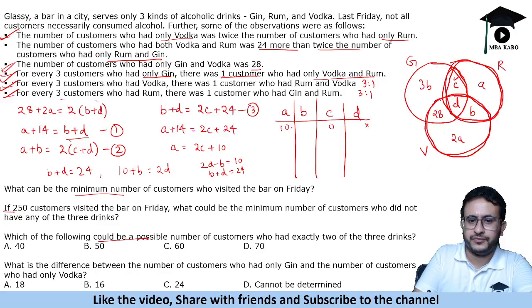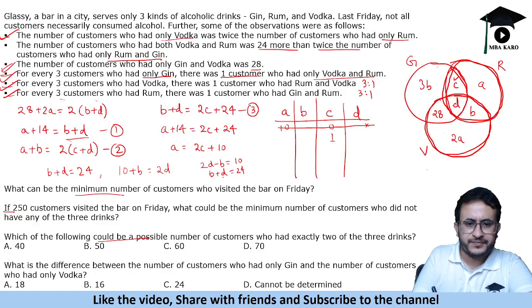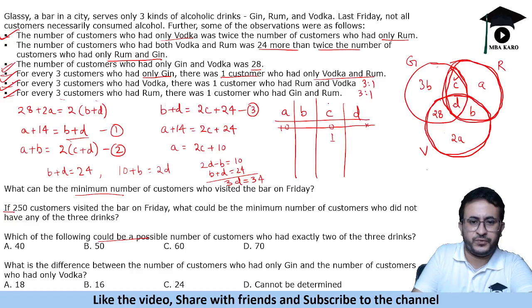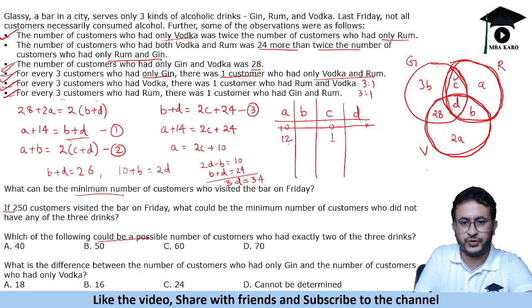So what we will do, we will take C equal to 1 and test it. Now if we take C equal to 1, so this had given us 3D is equal to 34. If C is equal to 1, then A automatically becomes 12, because A is 2C plus 10, twice of this plus 10, so 12.